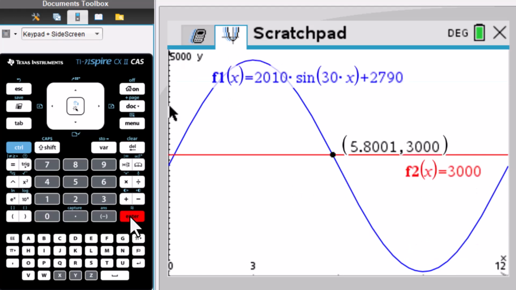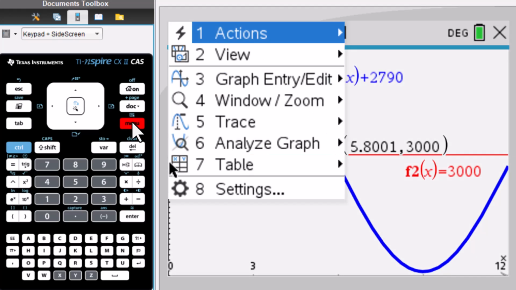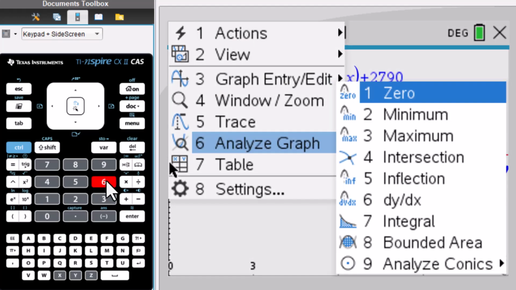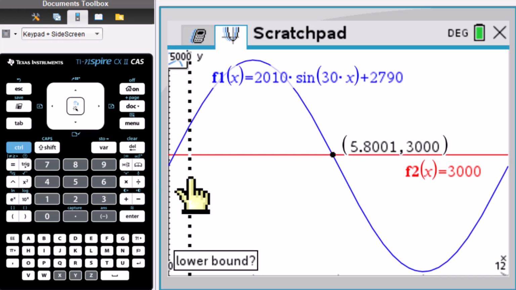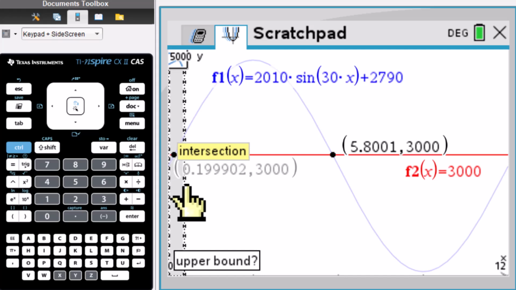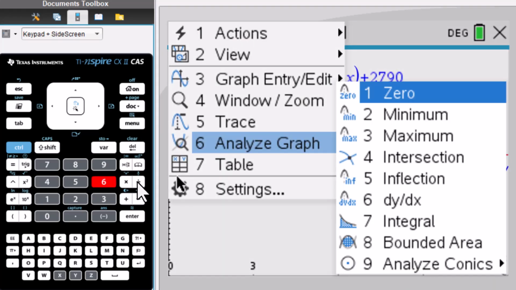Enter. We need to figure out these two intersections. Menu 6, 4. Menu again 6, 4.